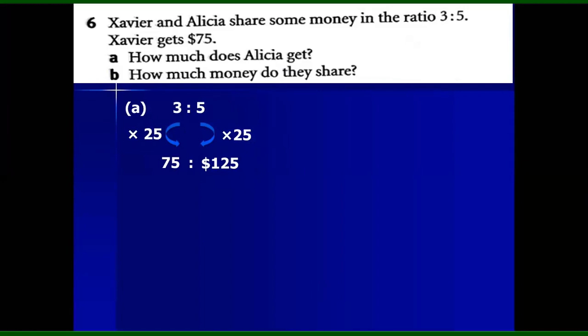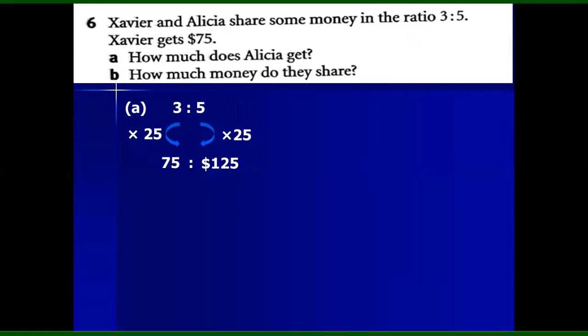Part B. How much money do they share? Do you see the question? How much money do they share? The total amount they shared. What is it?